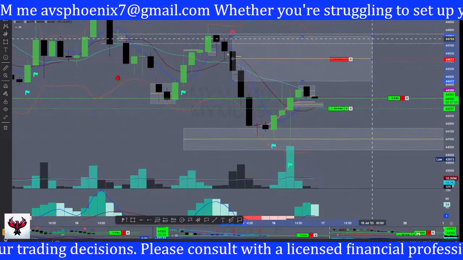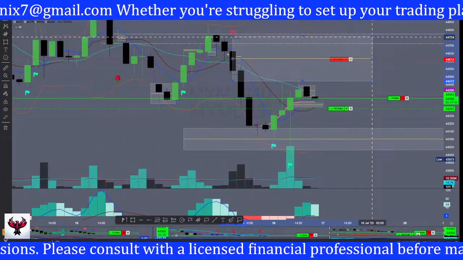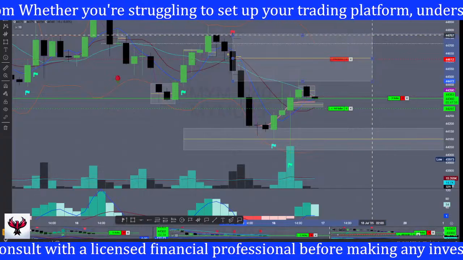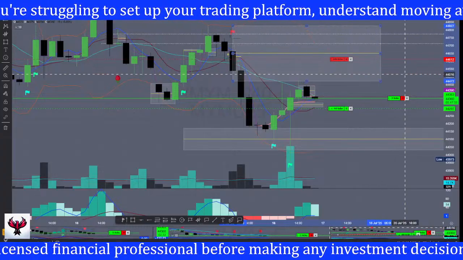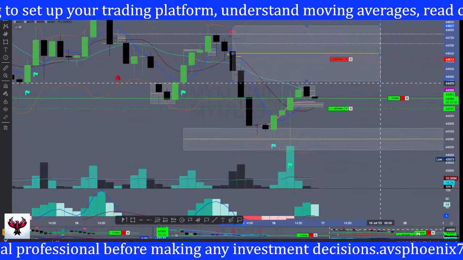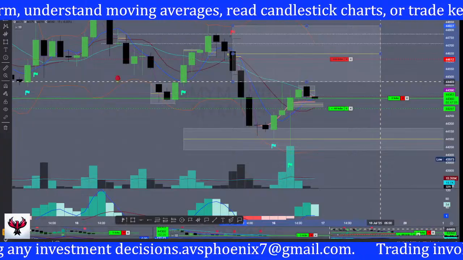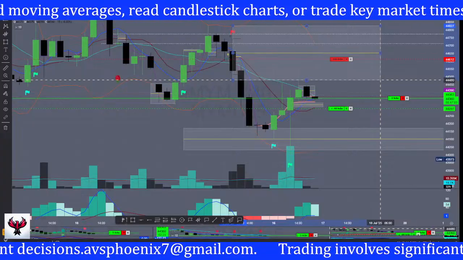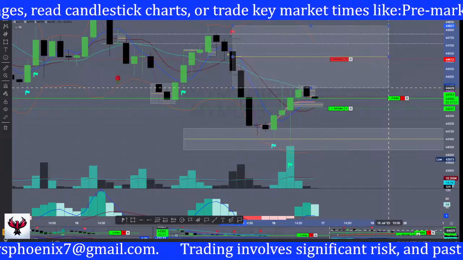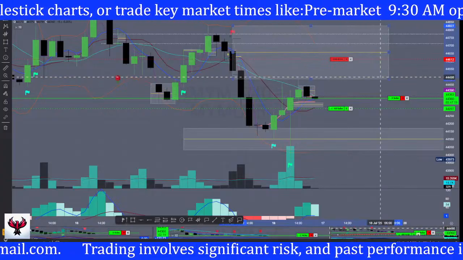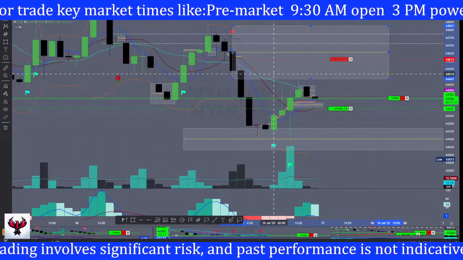Push here, but it wasn't. Looks like it's not interested in all of this here. Right here. It looks like it's not interested in all of this.